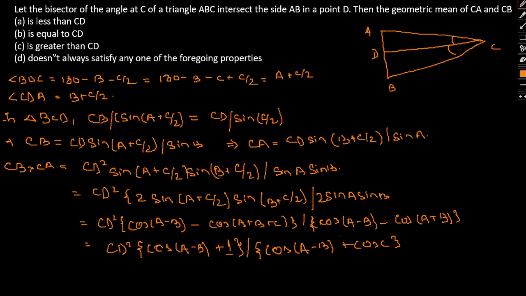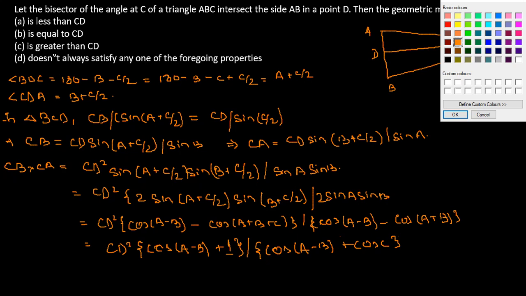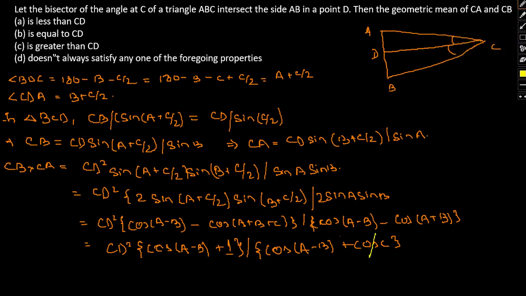Now we know cos C is less than 1. This particular value of cos C is less than 1. So what we can actually write here is that cos A minus B plus cos C is less than cos A minus B plus 1.